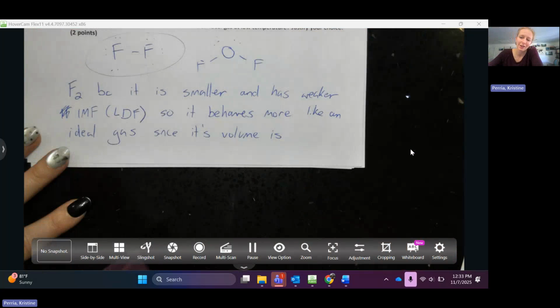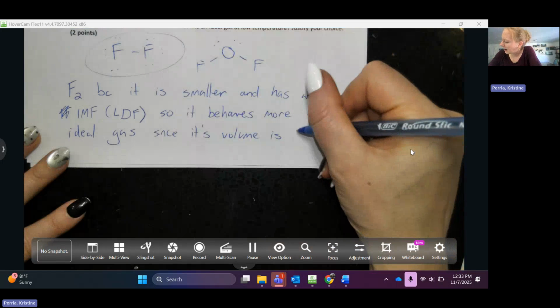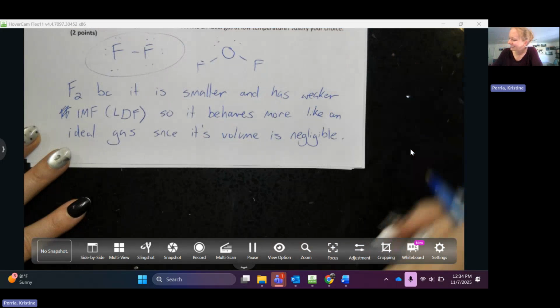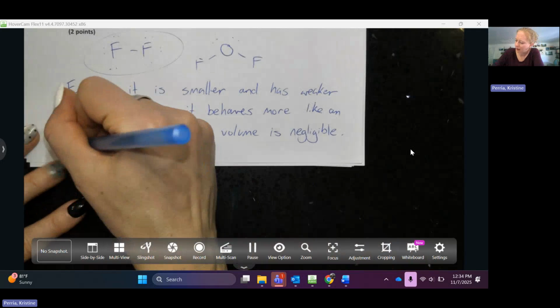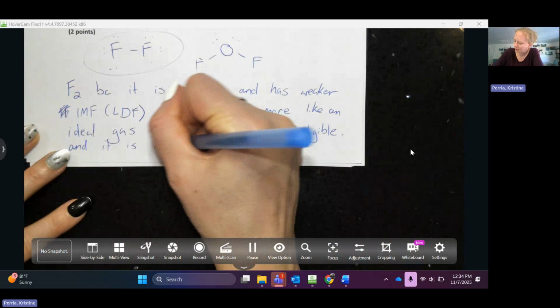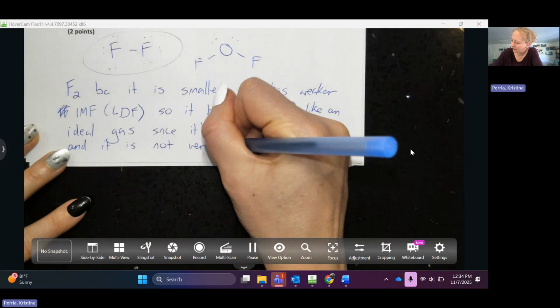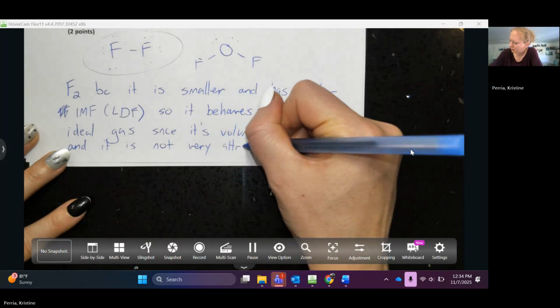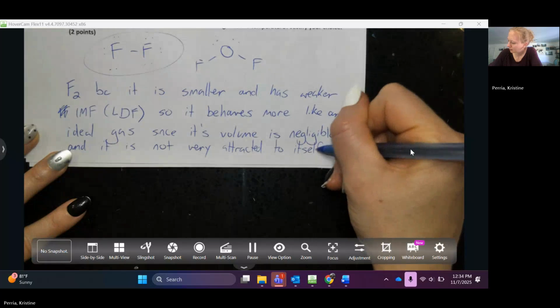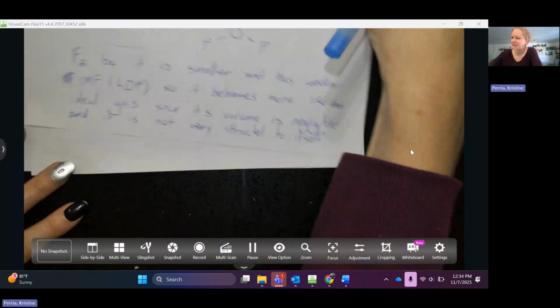I mean, you could use other words like doesn't count or isn't as significant. Negligible. Ooh, how do I spell that? So its volume is negligible, and it is not very attracted to itself. So that's why it's more like an ideal gas.